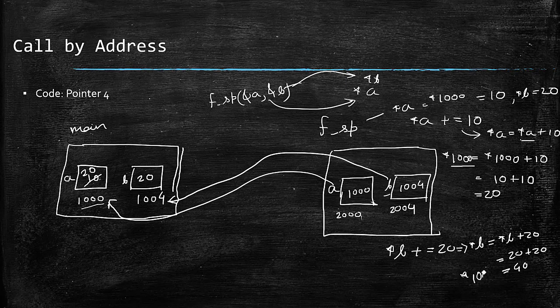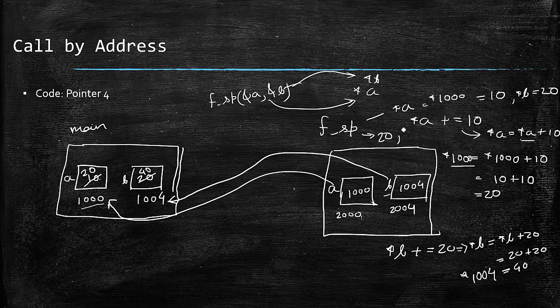So the 20 value in the main function will be replaced by this value, and B becomes 40. Now if we print the value of *A in the f_sp function, this will give me 20, because *A means *1000, and the current value at address 1000 is 20, and *B will give me 40.